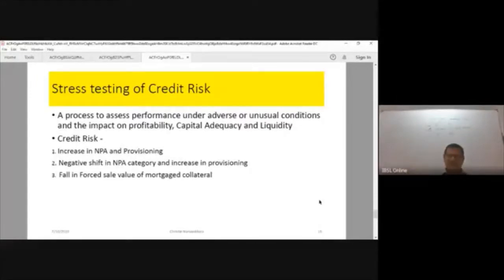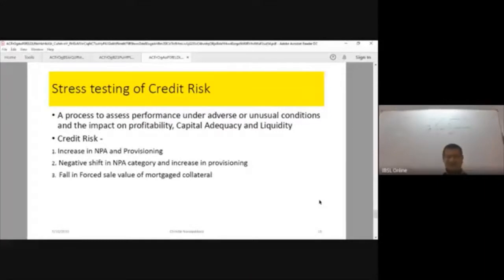So these category changes of NPA shifts will also add up to a further debit to your profitability, and then your profitability will decline. You also can look at the forced sale value of mortgage collateral.